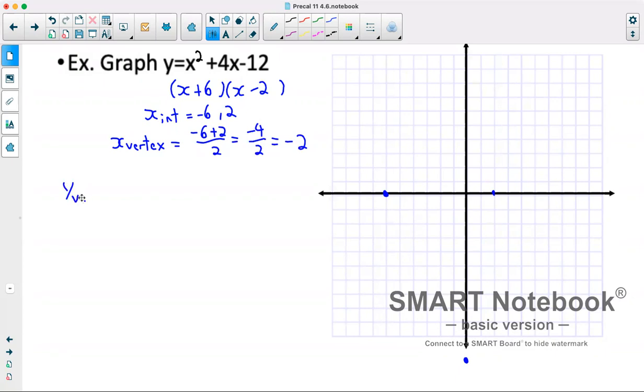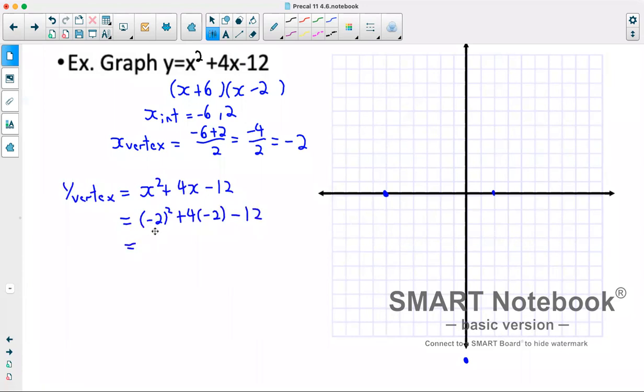Now to get the y of the vertex, we'll write out our equation and then substitute the x of the vertex in. So we've got x squared plus 4x minus 12. We'll substitute in our -2. So we have -2 squared plus 4 times -2 minus 12.